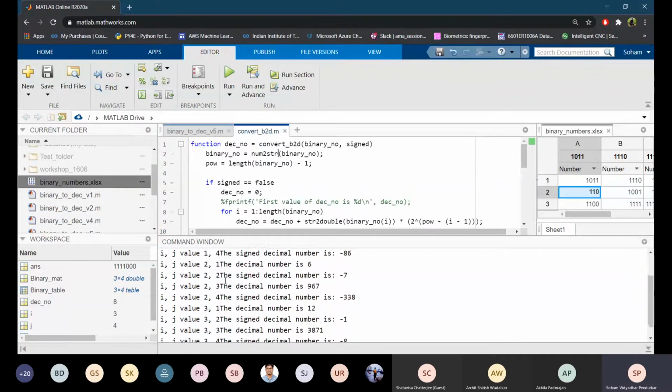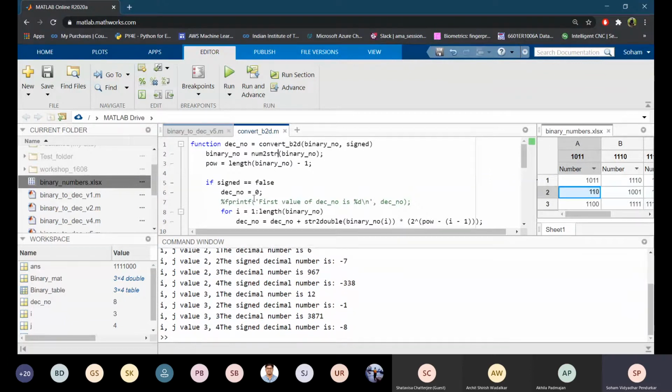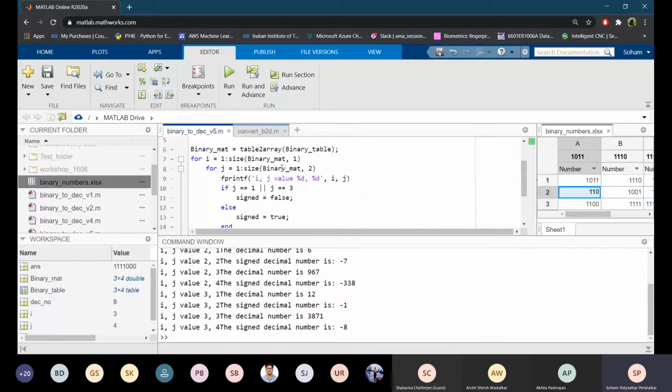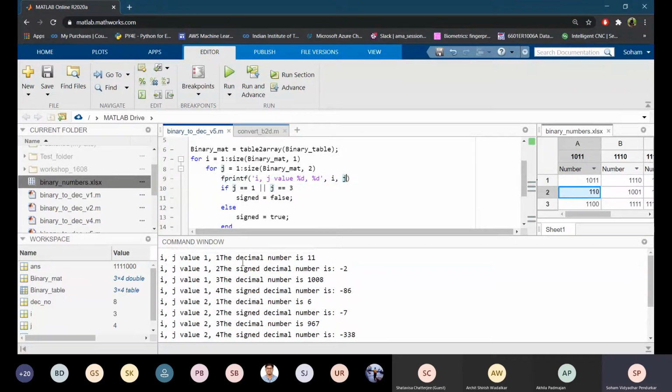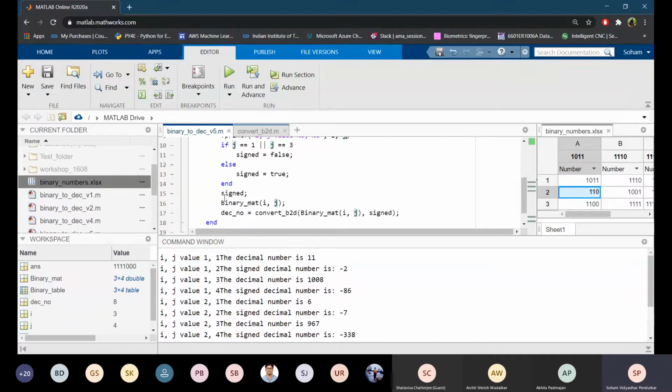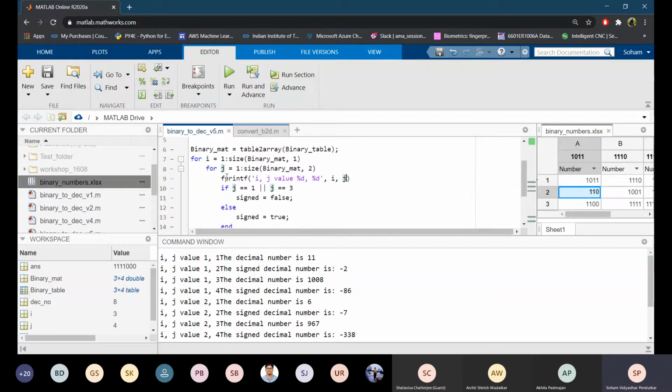So basically, I just wanted to give you some sort of a debugging procedure to know where the problem occurs. Okay, so what I did with the printf. So that is why I wanted to see where the value is. So first I checked whether there is some problem with the signed variable. For that I used fprintf, which actually gives me where I am in the current iteration.